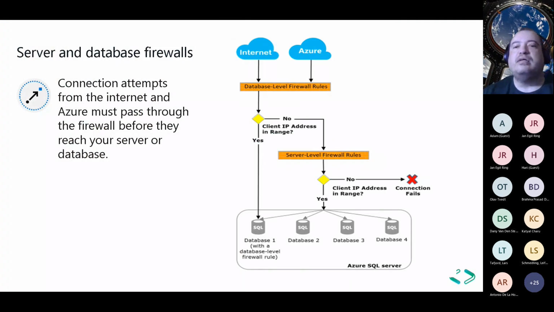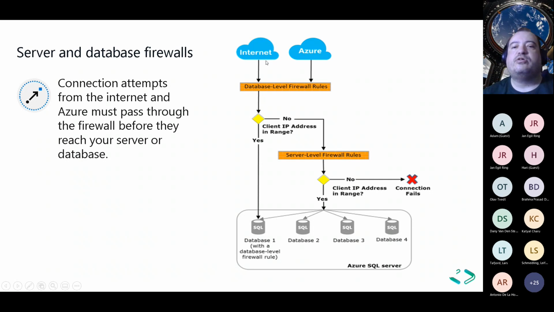And how do these firewalls work together? Azure SQL has a database level firewall. Each database in Azure SQL has its own firewall, and we can define firewall rules on the database level.